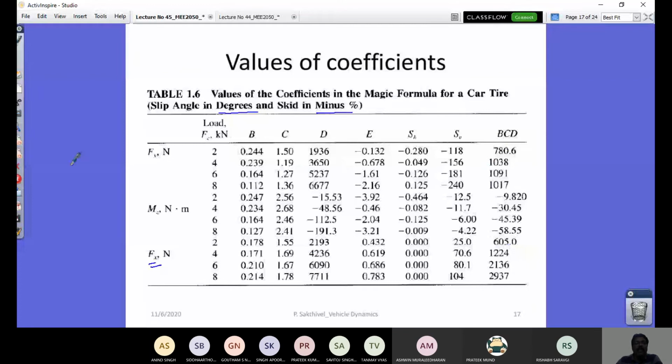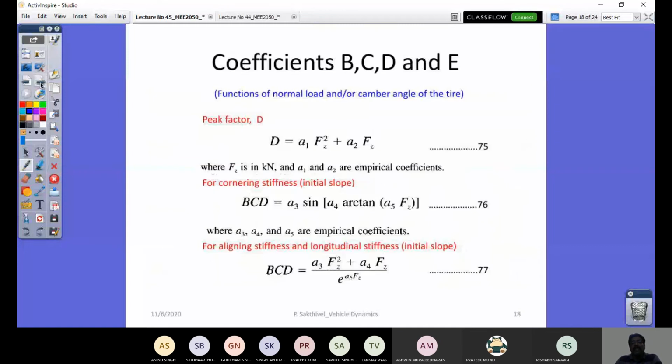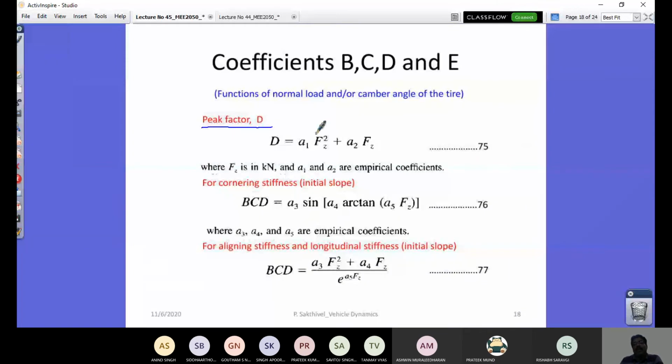If you have understood the formula, you should also look for this data, and it is available. And how these coefficients come, they are a function of normal load and camber angle of the tire. That's what you can see. This peak factor is coming out with this variation. See, it's a quadratic variation of the normal force on the tire. But what are this A1 and A2? These coefficients are going to be given.